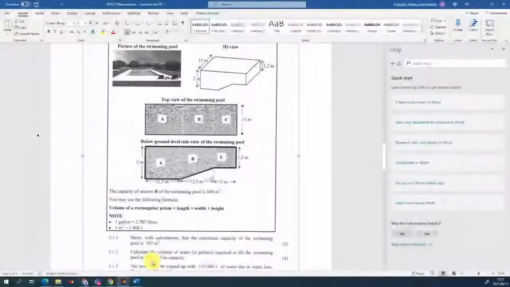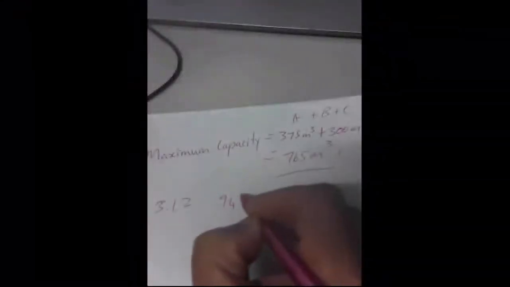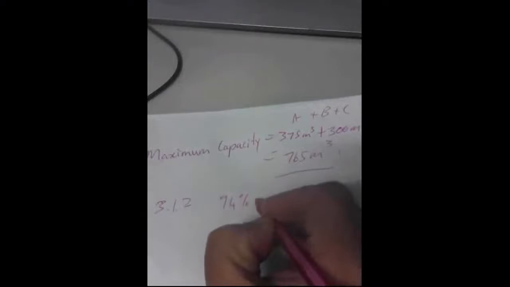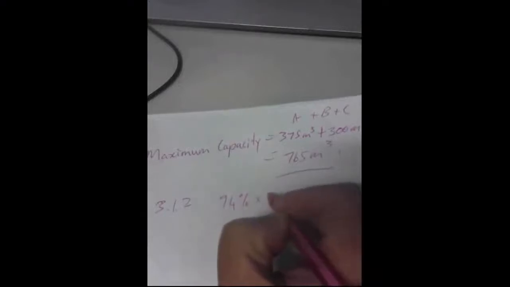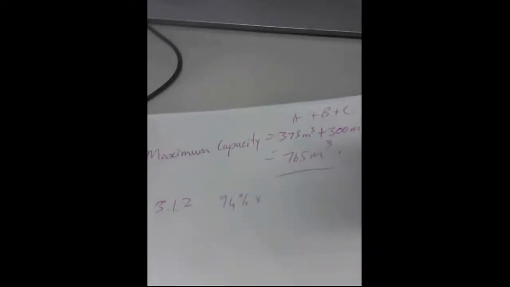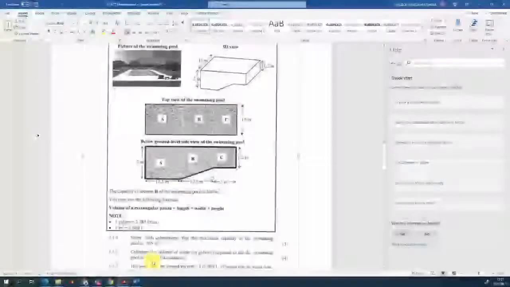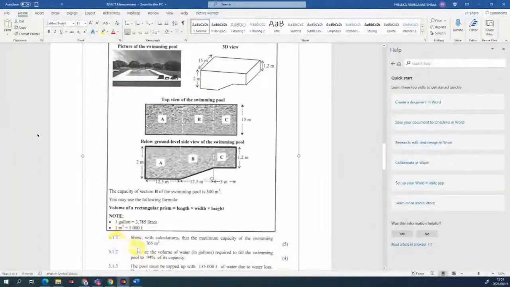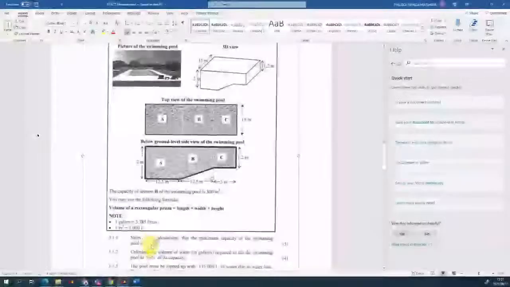Right? So 94%, let me just do that. 94% capacity is multiplied. Now, people, if you didn't do question 3.1.1 and you come here, at least they gave you a total there.